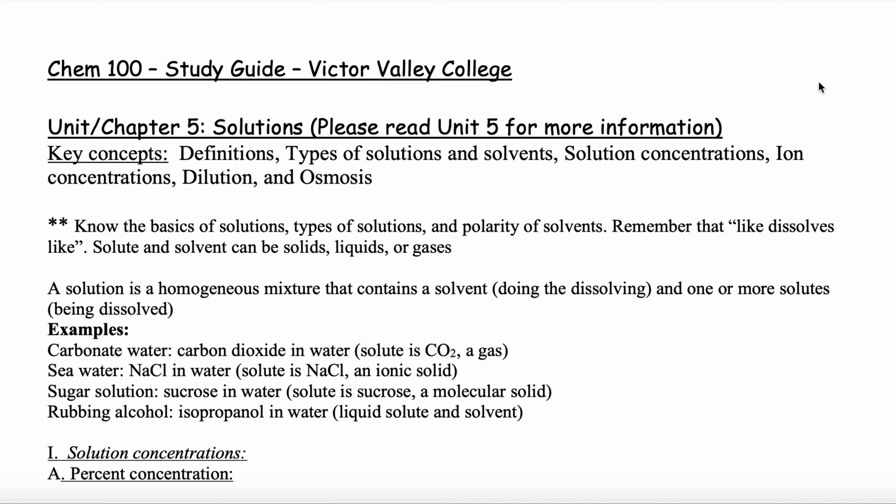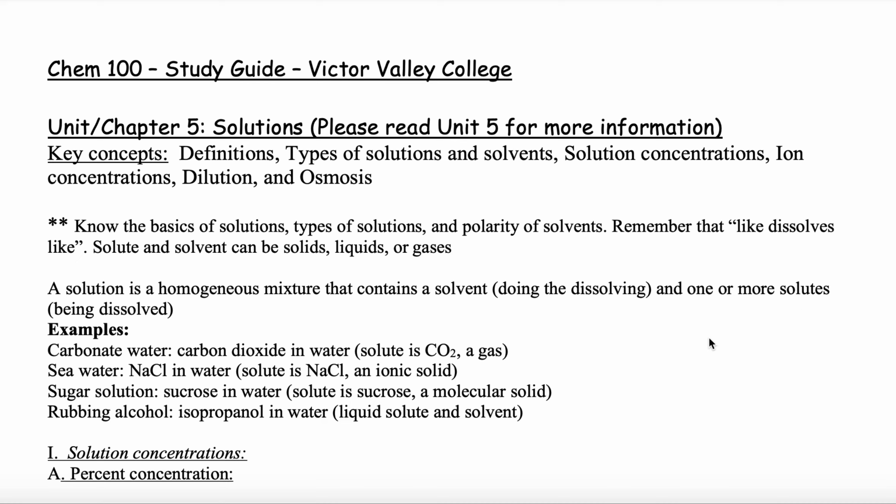All right. A solution is a homogeneous mixture of at least two items. One is the solvent, the one that's doing the dissolving, and the other one is a solute that's being dissolved. And you can have one or more solutes.